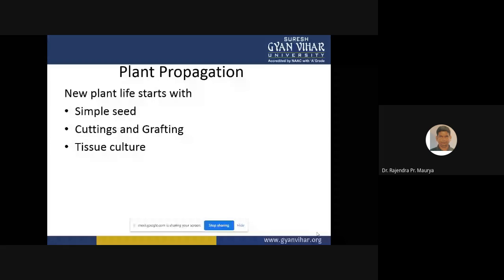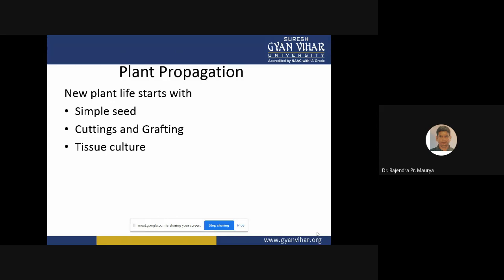So in plant propagation, a new plant life starts. When we prepare the new plant, it contains the root system as well as the shoot system.